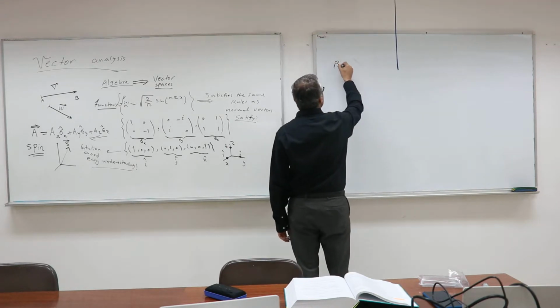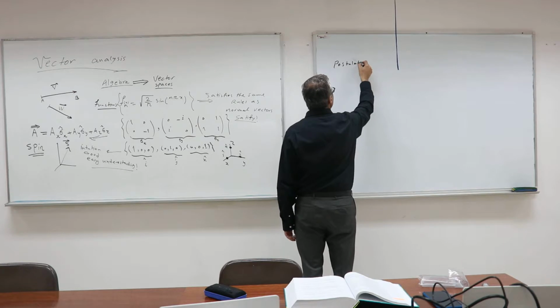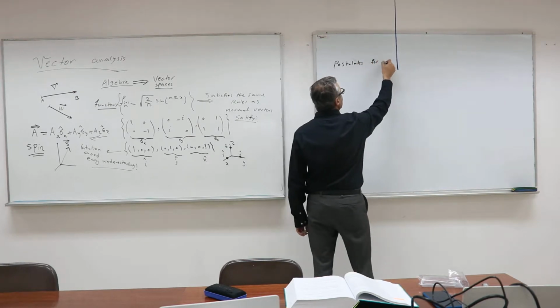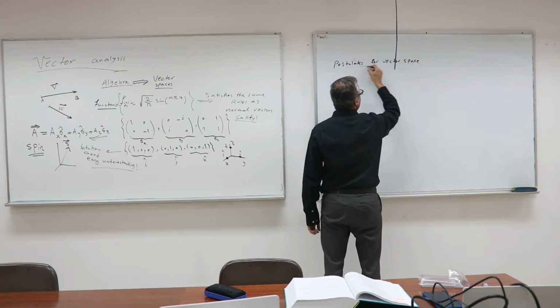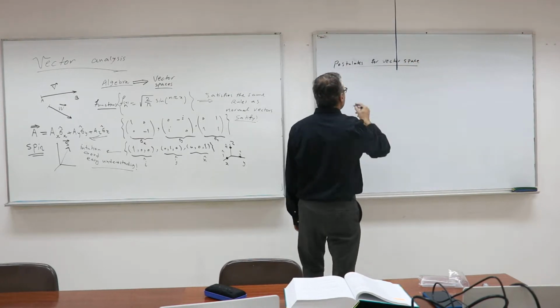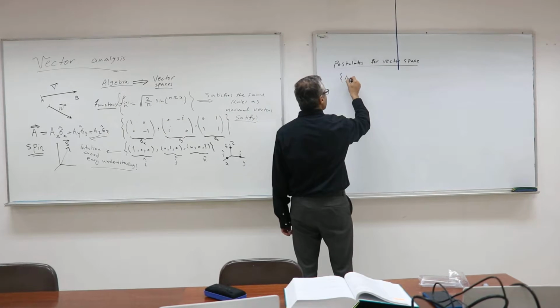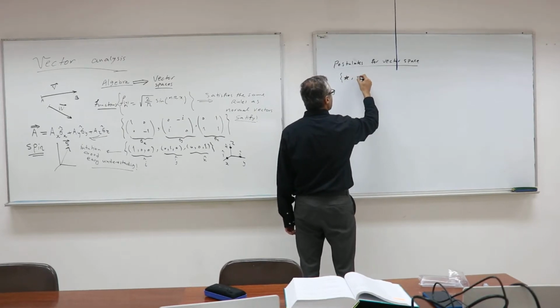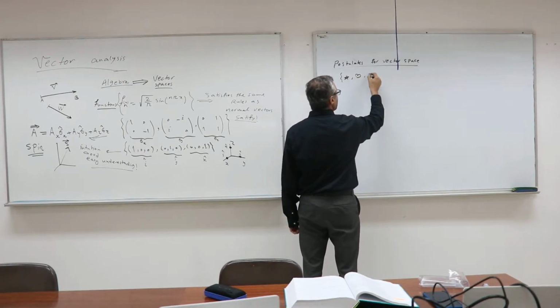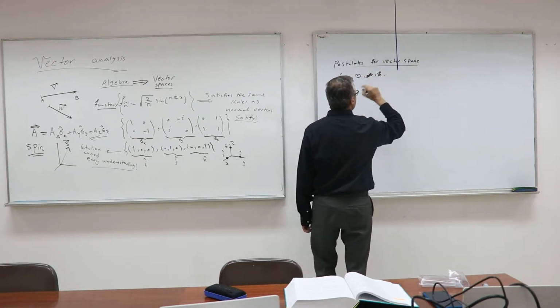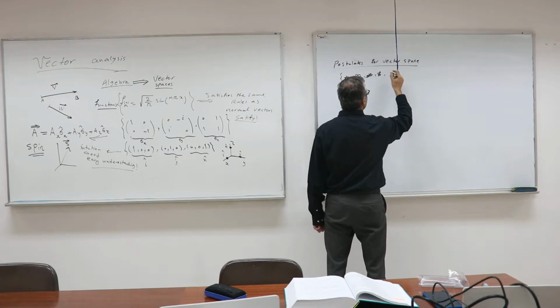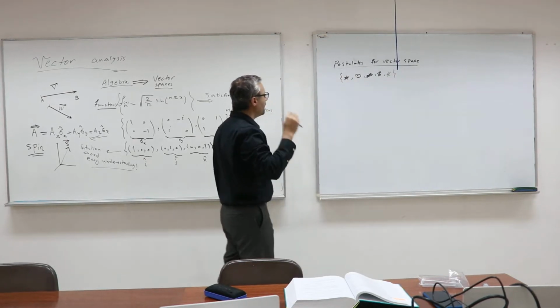So the postulate for vector space. Give me a set of elements, anything, like, I don't know, a star, anything. I mean, anything means anything, even that. And give me one more symbol, I don't know, this. So there are 4 elements here.